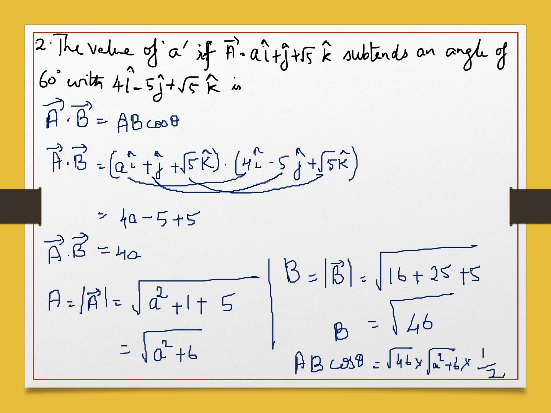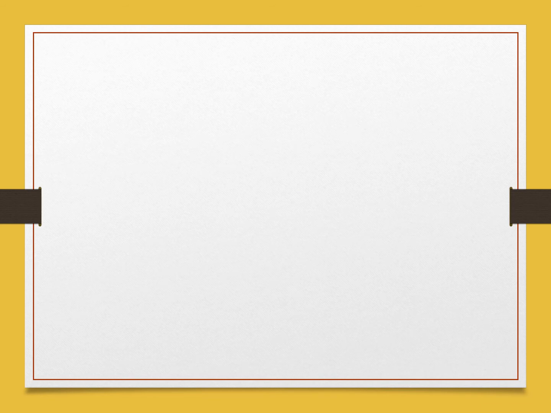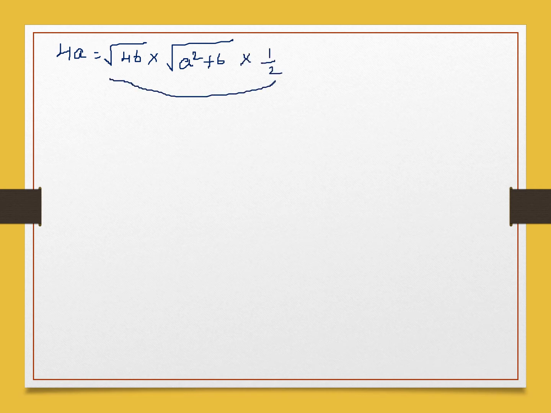Now we have to equate equation 1, that is 4a, with equation 2, that is this one. So what you will get is 4a is equal to root of 46 into root of a square plus 6 into half. We can bring this half to this side.